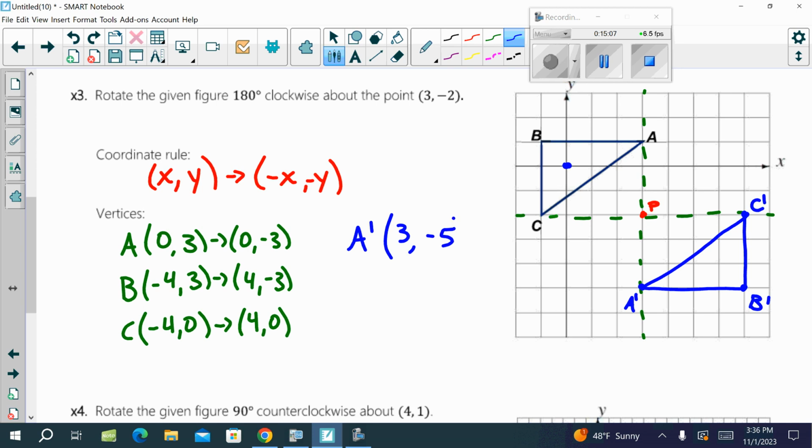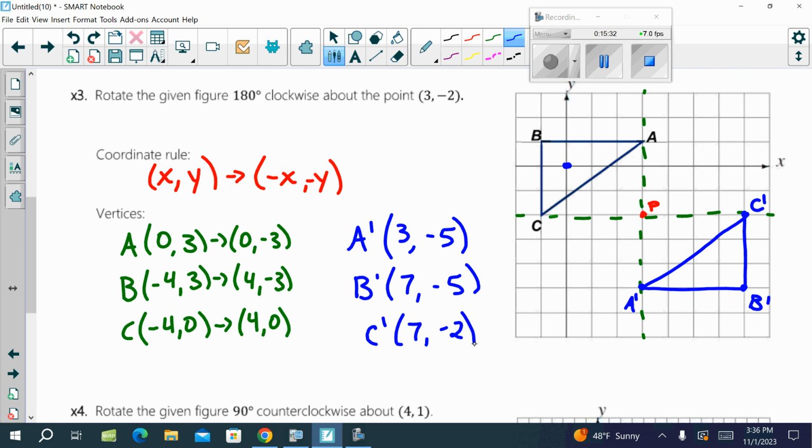Did everybody get that for their A prime? Okay. And then B prime, what'd you guys get? 7, -5. And then C prime, 7, -2. Okay? Any questions there?